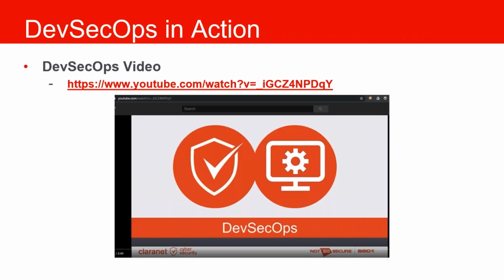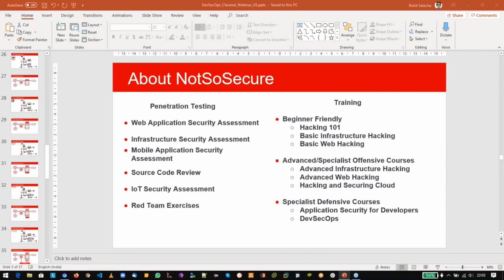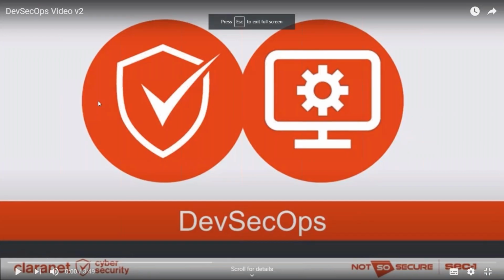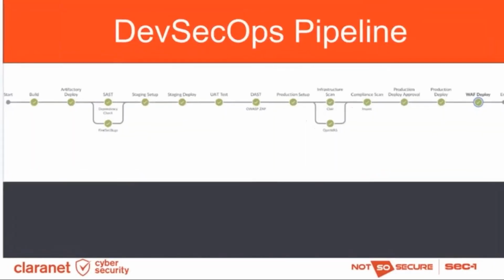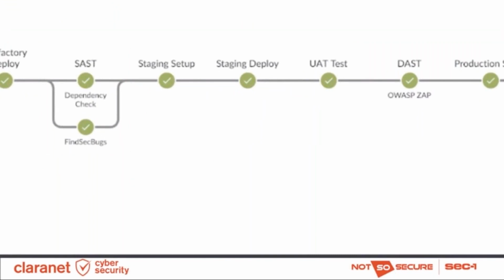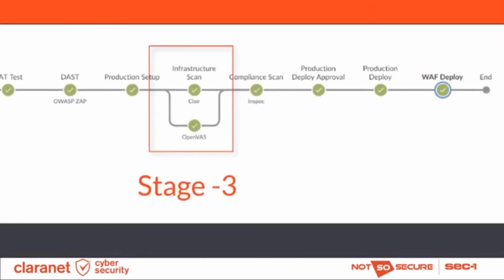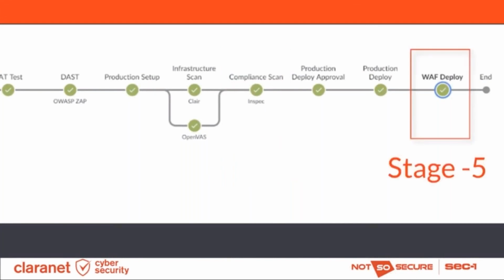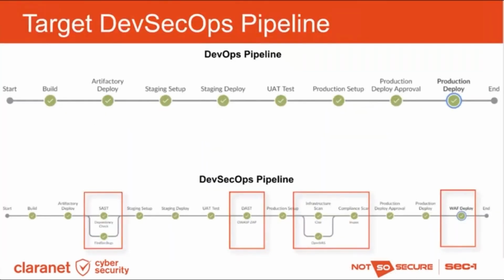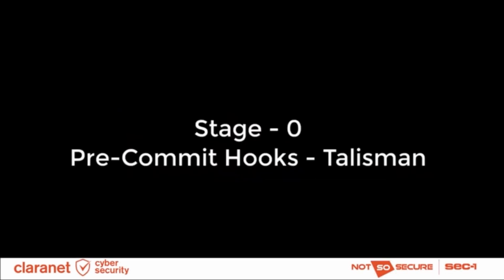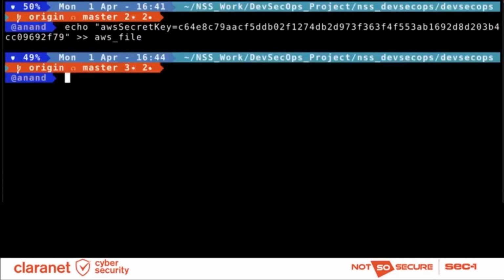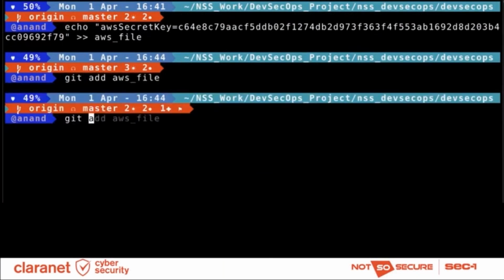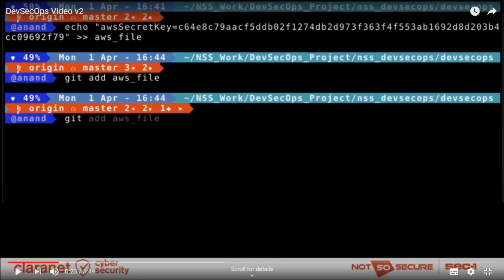Now let's look at the video of all the stages that we have discussed so far. Here the developer is trying to input some secret key, and as we'll see, Talisman will stop it.